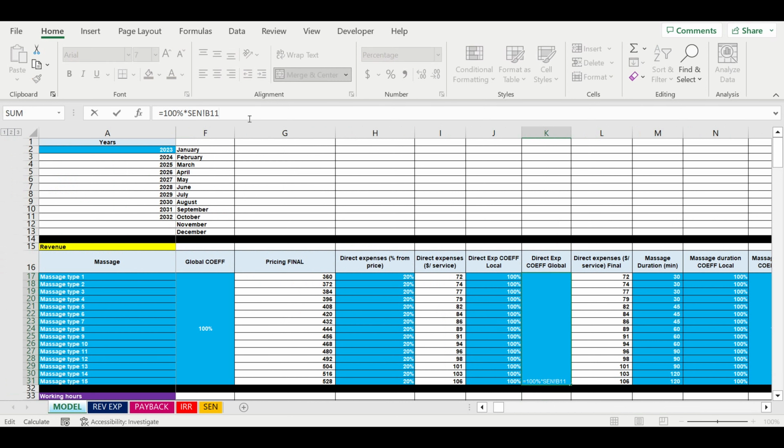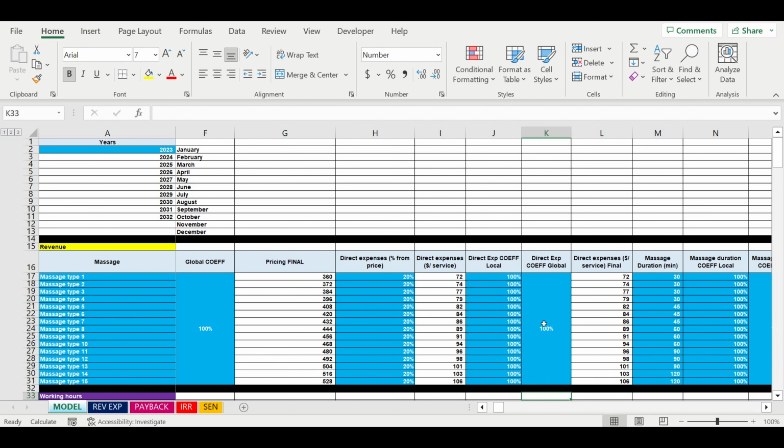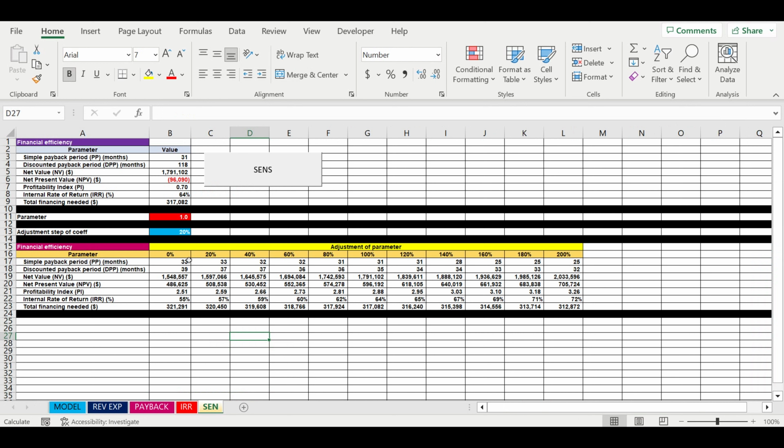So now this coefficient has been added, and now we can test our business idea from the point of increase or decrease of the level of direct expenses inside the price. Then we just press the sense button and we will be able to see the results.